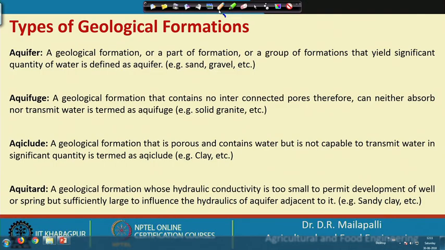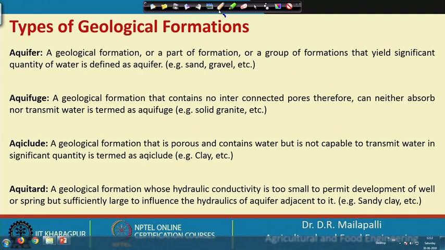Based on the type of geological formation, the water availability will be defined. The types of geological formations are very important to understand whether we will be able to get water from a particular location.